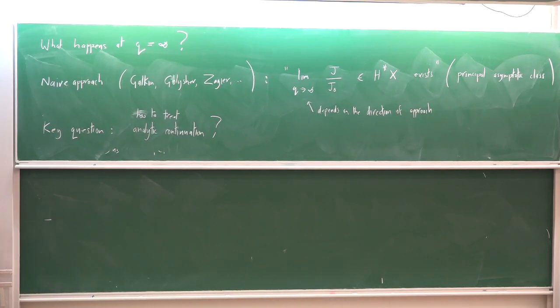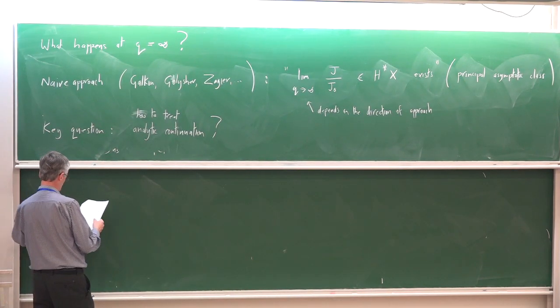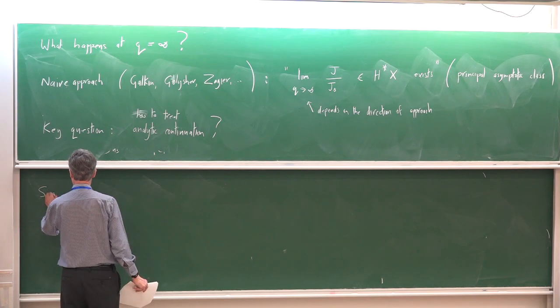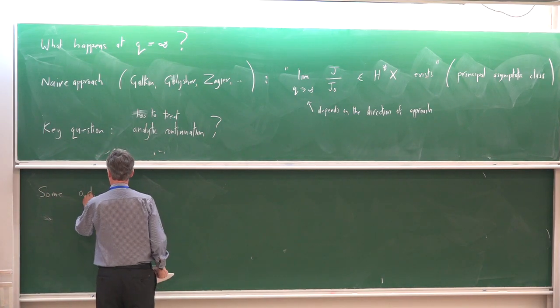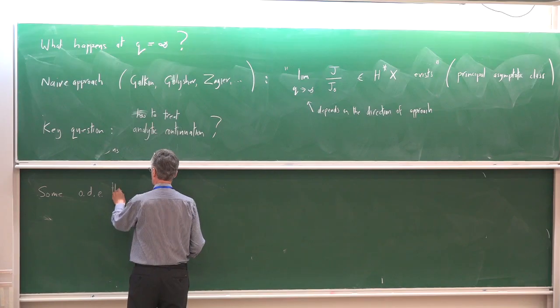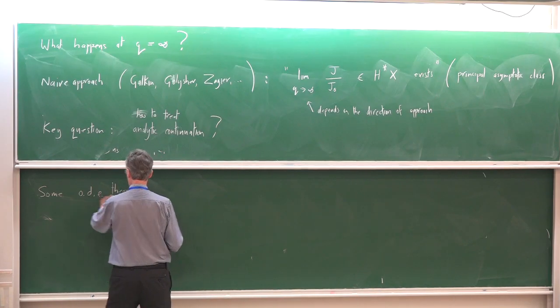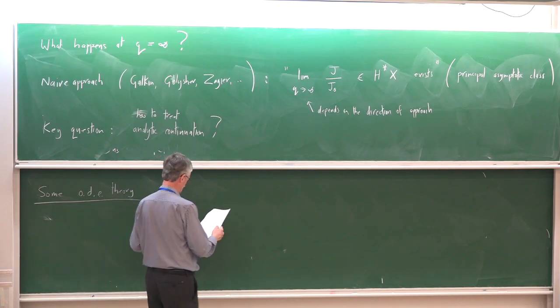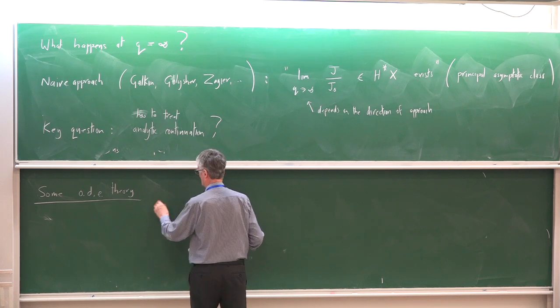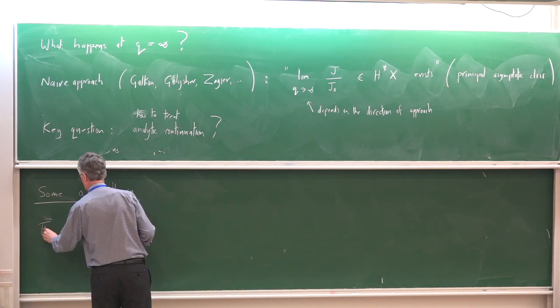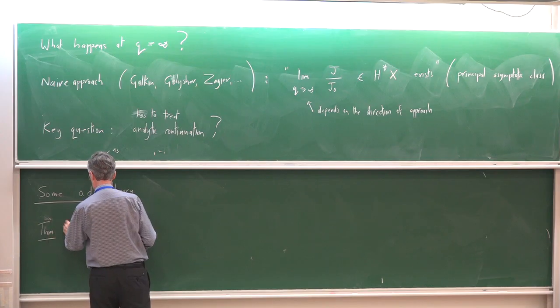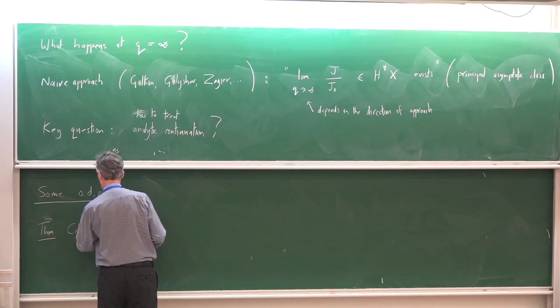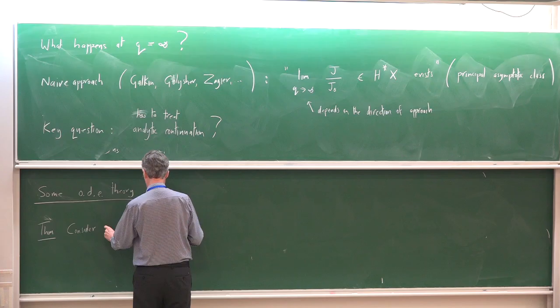Okay, well, we need a little bit of ODE theory. Some ODE theory of irregular singular points. So there's a theorem which I'm stating rather imprecisely, but I will be more precise soon.